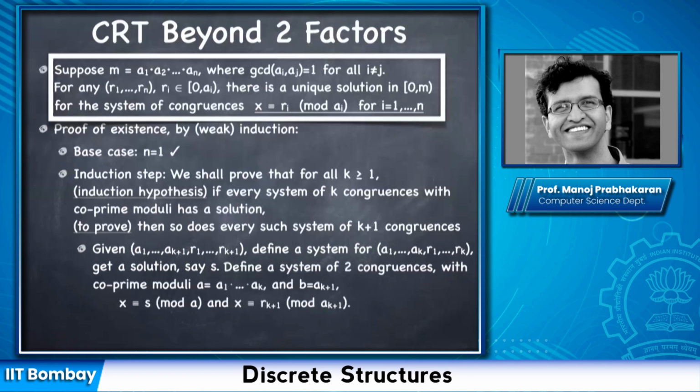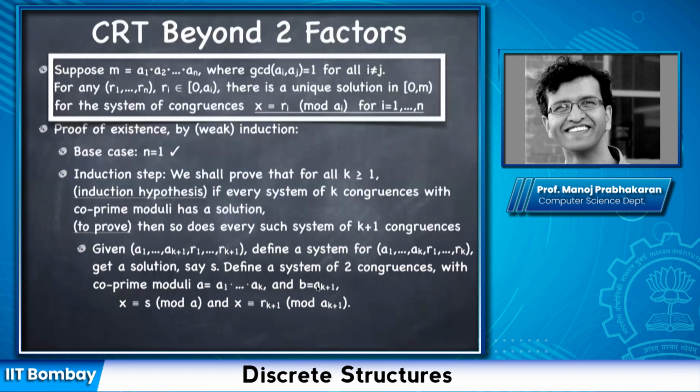And I'm going to now define another new system. And it has only 2 congruences, and two moduli. The two moduli are, I'm calling them A and B. So A is A1 to AK, the product, and B is just AK plus 1. Okay, so the first thing to note is that A and B are co-prime with each other.